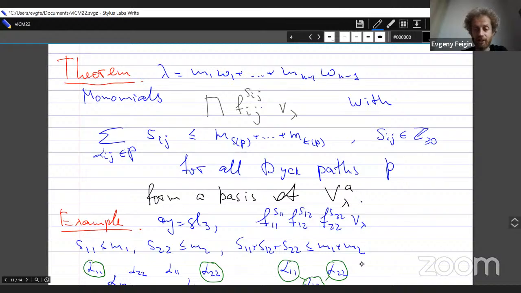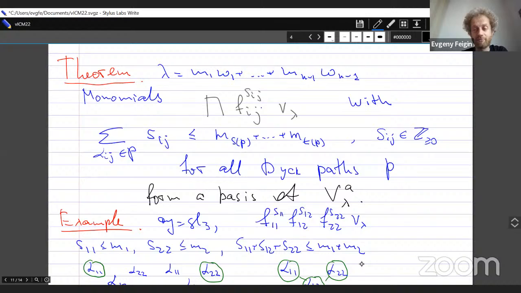Once again, let me stress that the order of factors in this product is not important at all. We only care about the number of Fij's involved in this product. And what are the conditions? The conditions are written in terms of dig paths.